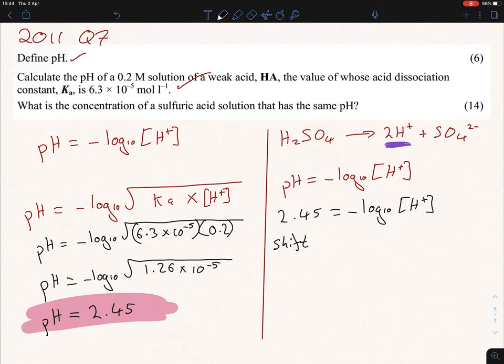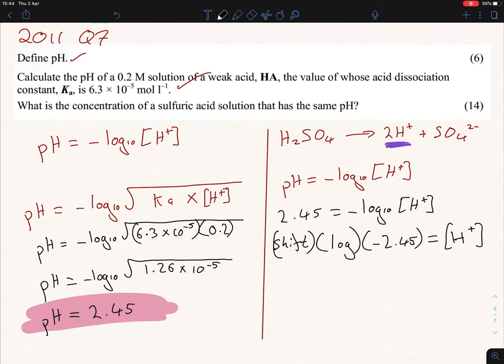So shift log and then minus 2.45. The minus is coming from the minus over here. Okay, so it's just going to be shift, then press log, and then press minus 2.45. And that will equal to your H+ concentration here.